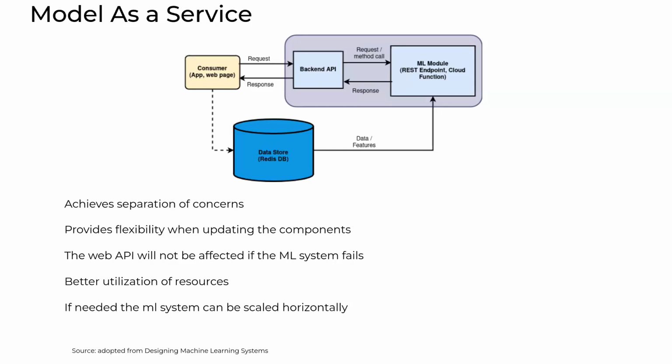So it doesn't have to be just one, you can have 3 or 4. So this way the backend API needs to have some kind of load balancing mechanism, which means to delegate these requests to the different machine learning nodes and get the outputs from that.